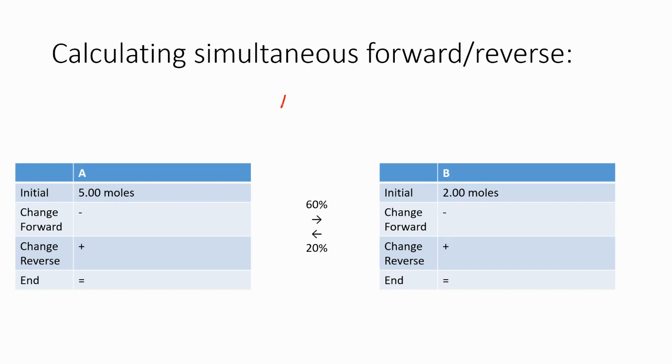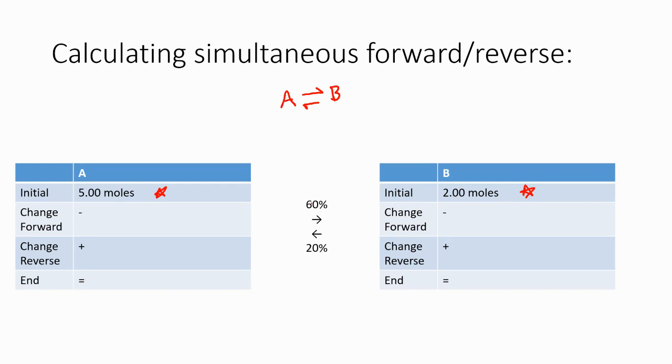All right, second calculation. Let's say that A is going to B, but B is going to A at the exact same time. Again, initial conditions are so important. We're going to say that we're going to start with 5 moles of A, but this time, instead of 0 moles of B, we're going to say we have 2 moles of B. And we're going to calculate forward change and reverse change.